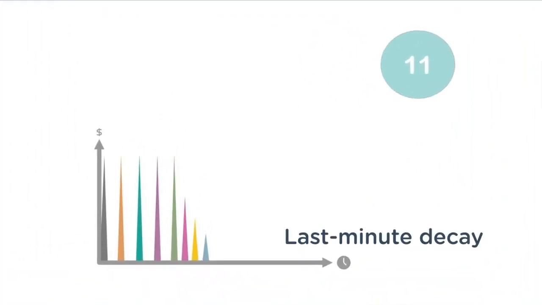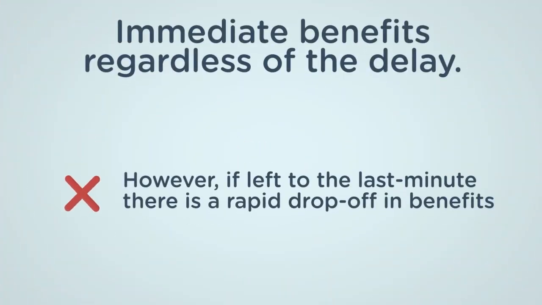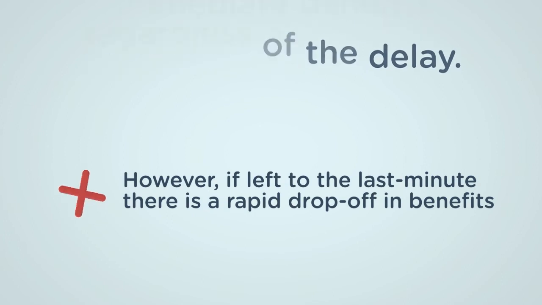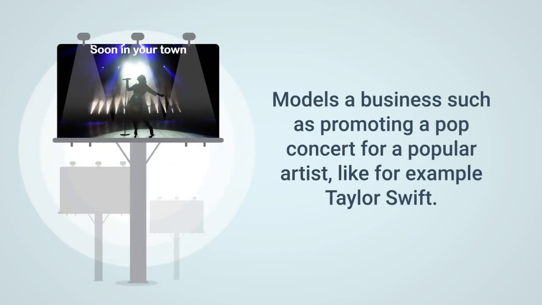Last-minute decay. Immediate benefits regardless of the delay. However, if left to the last minute, there is a rapid drop-off in benefits. This models a business such as promoting a pop concert for a popular artist, such as Taylor Swift.